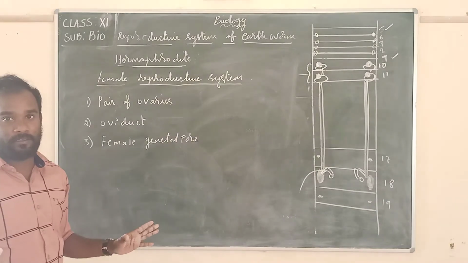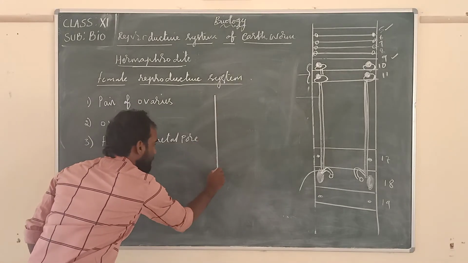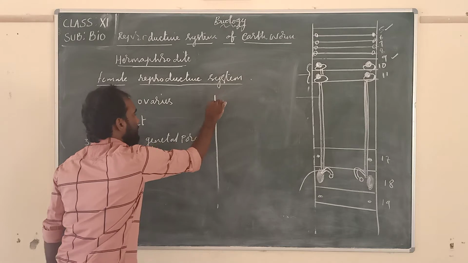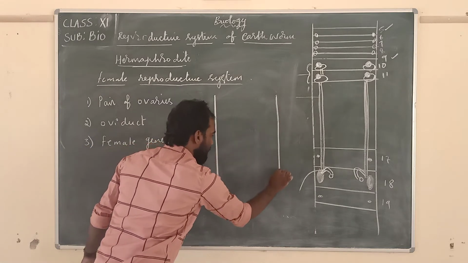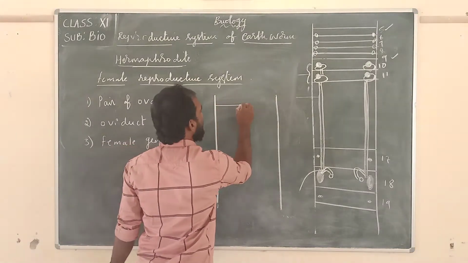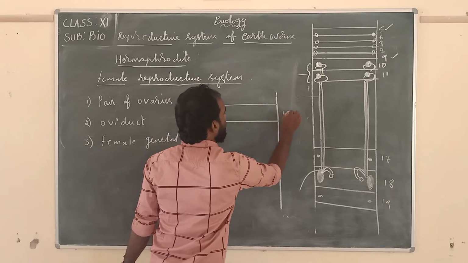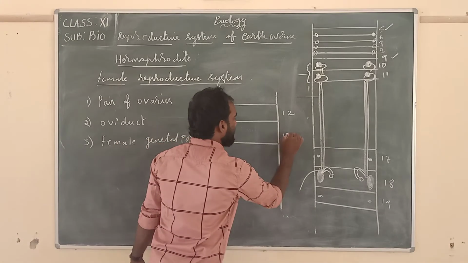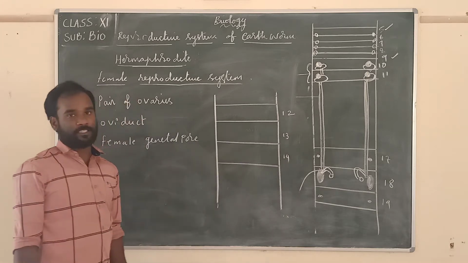Where are these located? Again, let me draw a rough diagram of the earthworm. Now let us imagine this is the 12th segment, this is the 13th segment, 14th segment.